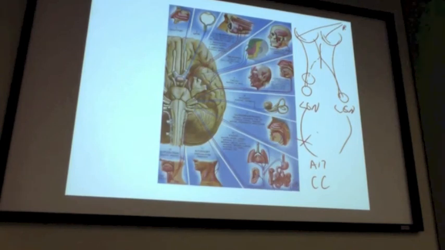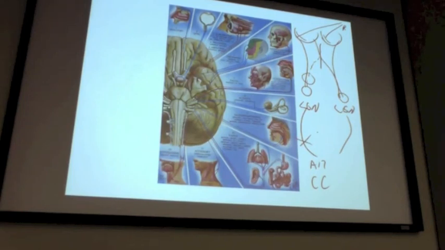Now it turns out that the fourth nerve, this is the fourth nerve, is going to go to the superior oblique muscle. That's the only thing that does. The lateral rectus is innervated by the sixth cranial nerve. Okay. And all of the other muscles, the medial rectus, superior rectus, inferior rectus, they're all innervated by the third nerve.